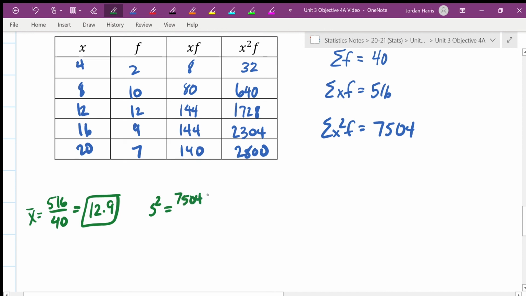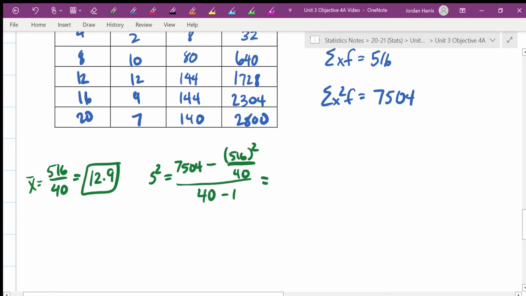It's the squared data minus the non-squared data, then squared, divided by the total number, all over the total number minus 1. So use your calculator, do the top, then divide by 39, and you should get 21.7. Please actually practice this, right? You don't want to be using your calculator the first time when we take that test.